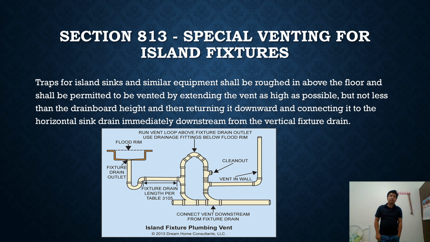Next, section 813, special venting for island fixtures. Traps for island sinks and similar equipment shall be roughed in above the floor and shall be permitted to be vented by extending the vent as high as possible, but not less than the drain board height, and returning it downward and connecting to the horizontal sink drain immediately downstream from the vertical fixture drain.